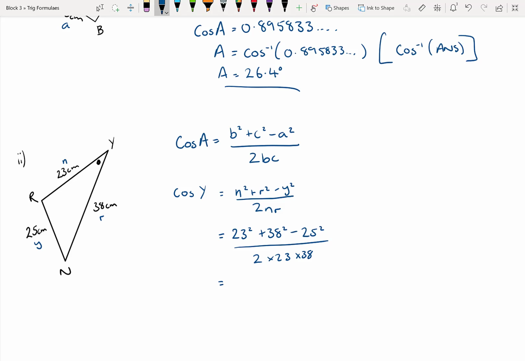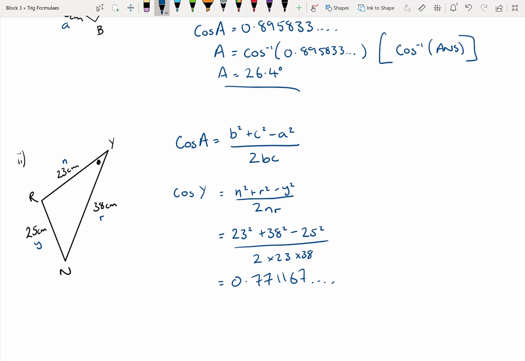Okay, if you don't have a scientific calculator or you're not sure how to use it, then you're going to have to work out your top line and then your bottom line and do a bit of division. So when we sort that out, we get 0.771167, and it carries on.